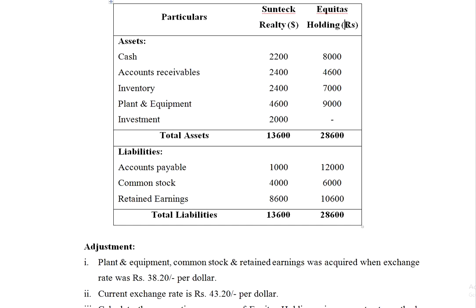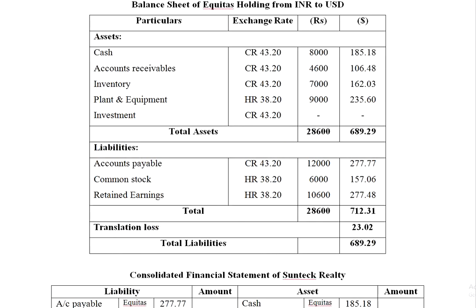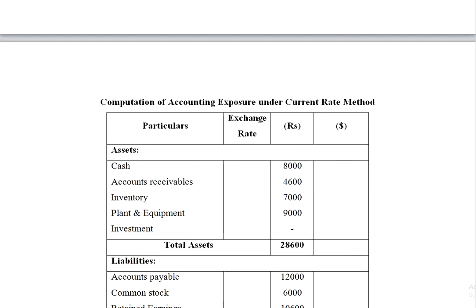So this you have to do two times because one is current rate method and second one is monetary and non-monetary method. I have already done this kind of problems in the classroom, but still I am going to show it one more time as how to do this, because it is just like a brush up. I think you have forgotten.